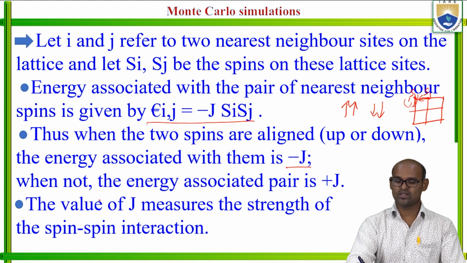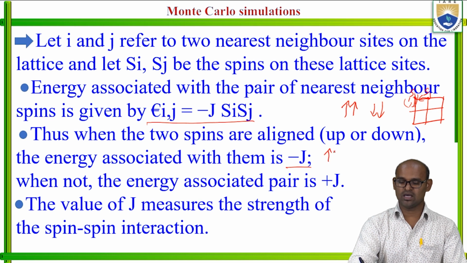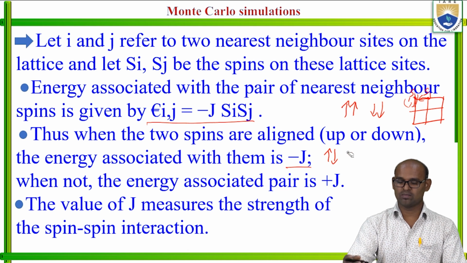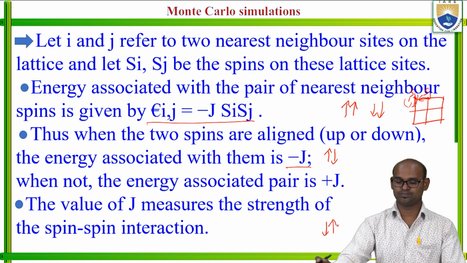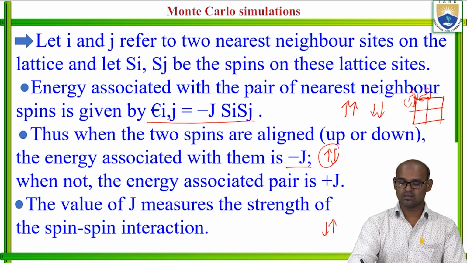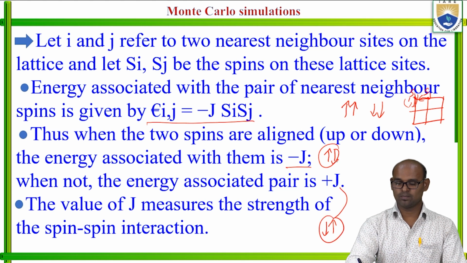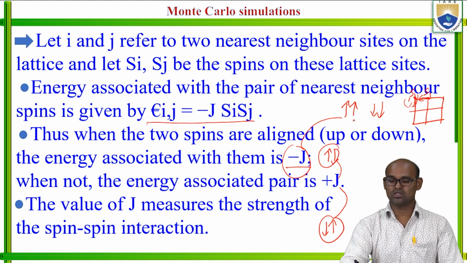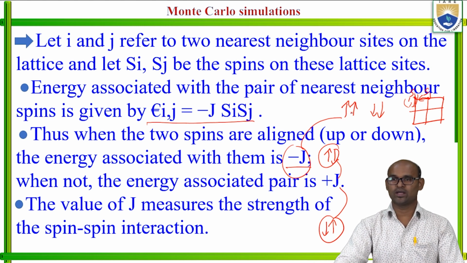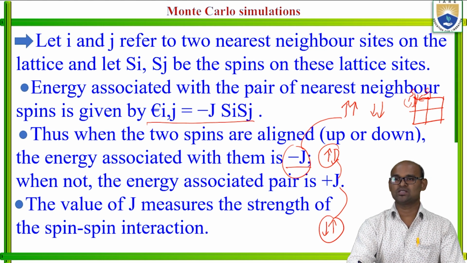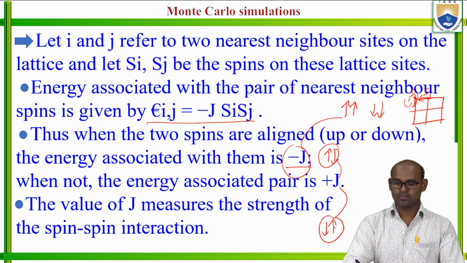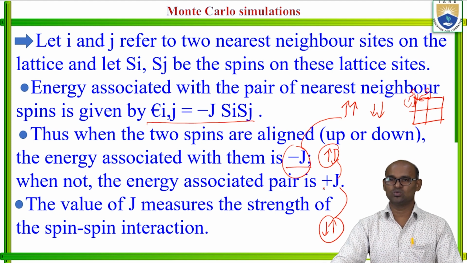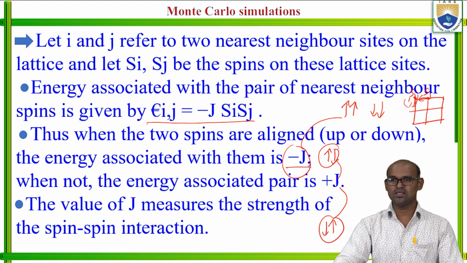When the spins are not aligned in the same direction, one is up and one is down, or one is down and one is up, then the energy associated with these two neighboring spins is +J.